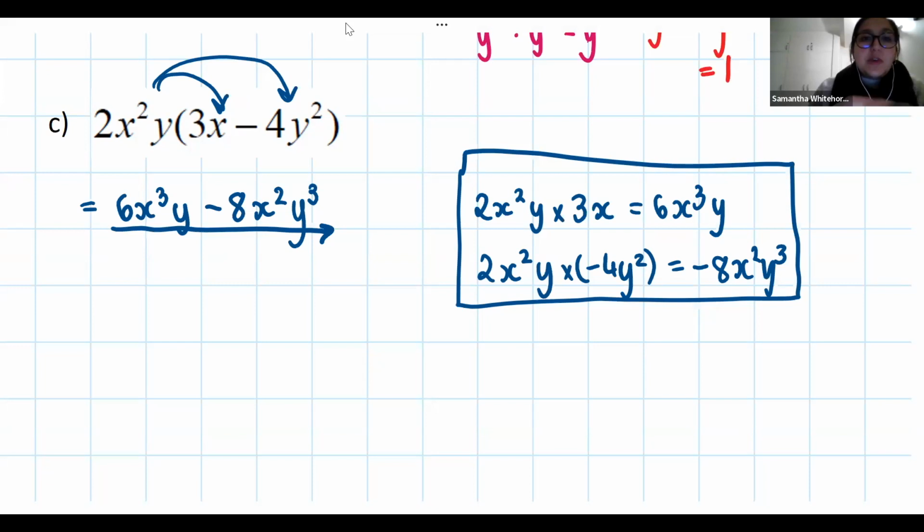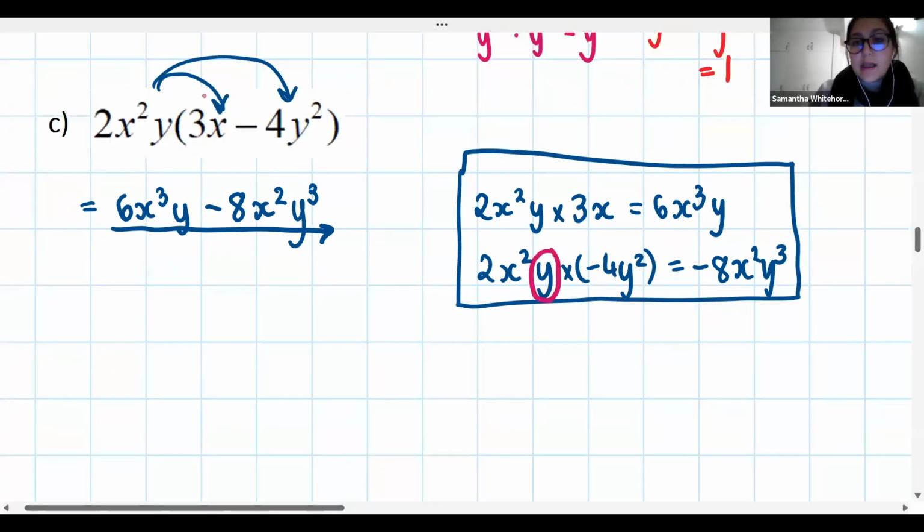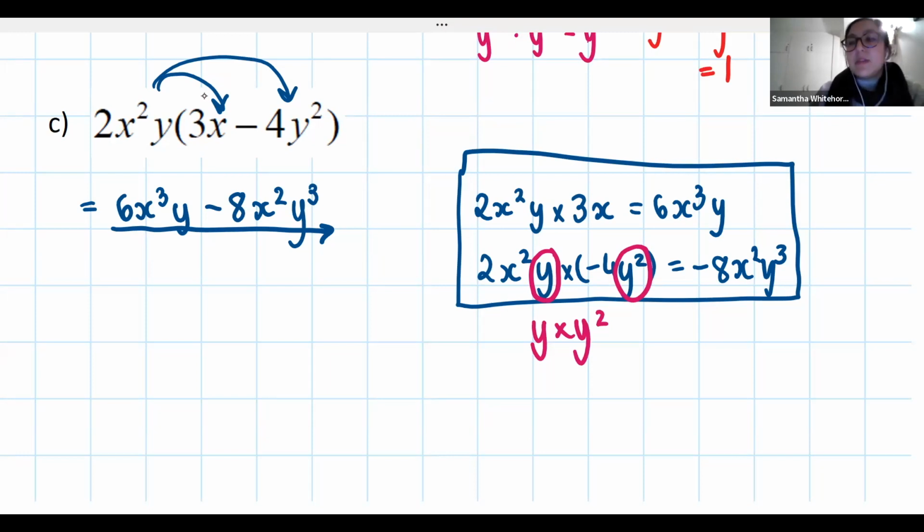Right, there was a question of how did I get y cubed? So here we've got a y times y squared. Remember, my multiplication law tells me that I add the exponents, so 1 plus 2, which gives me 3. Remember, multiplication is telling me how many times I'm multiplying a value.